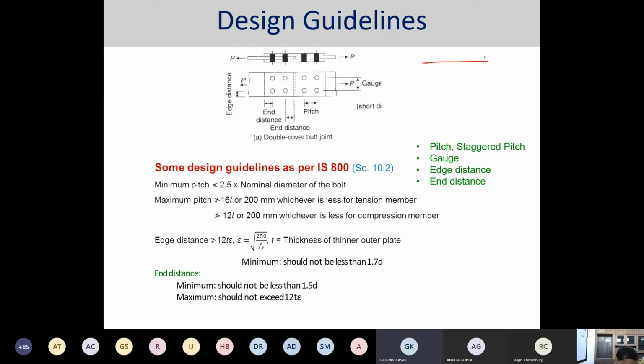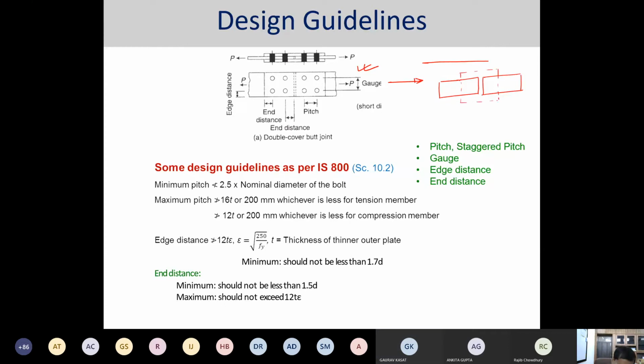Let's consider this particular figure. Both the plates are connected together. I am providing a cover plate.